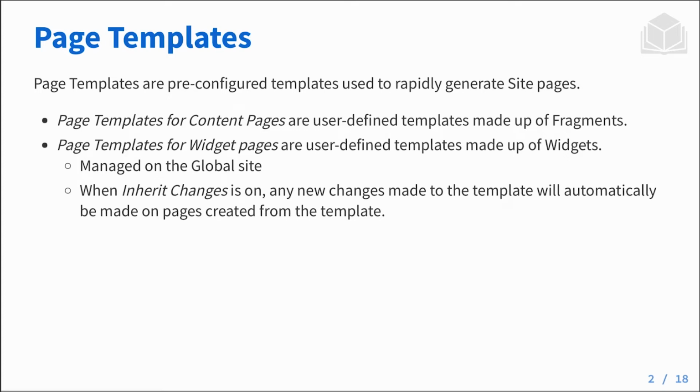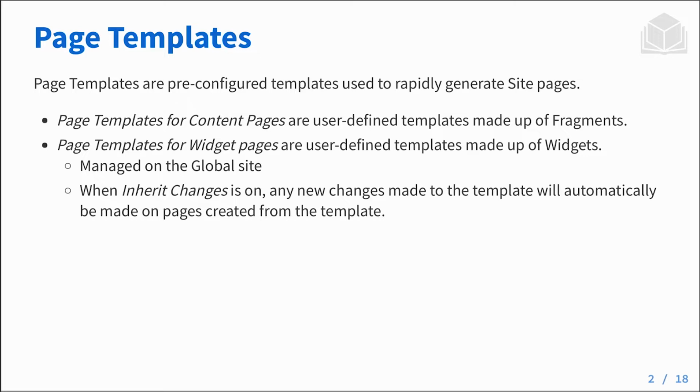All right. So let's go ahead and take a look at the page template options in Liferay 7.1. Now, some of you may be familiar with page templates from earlier versions of the platform. In 7.1, templates are going to be a little bit different, okay? A page template is essentially a preset page that you can reuse across the platform on your sites.